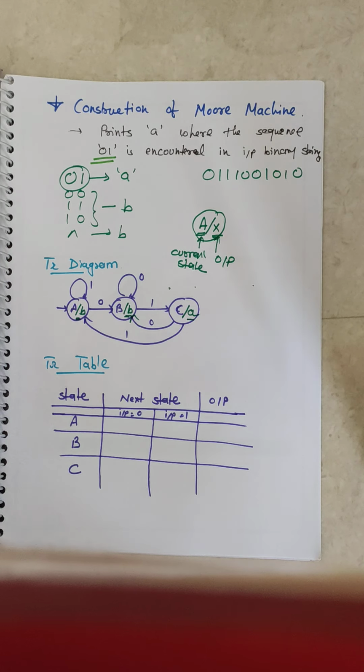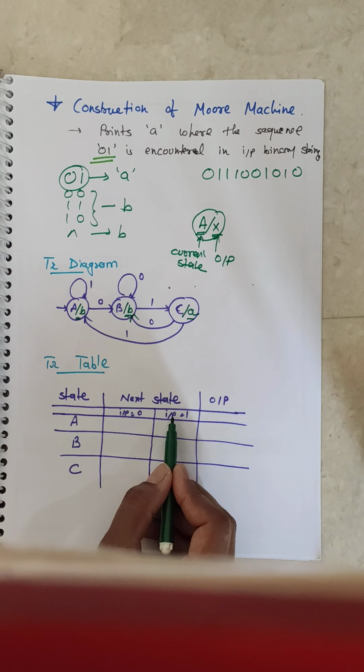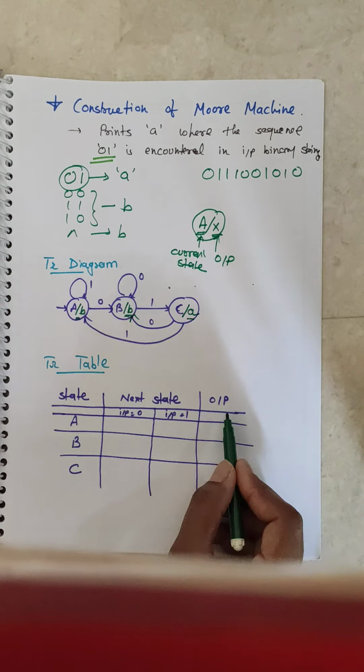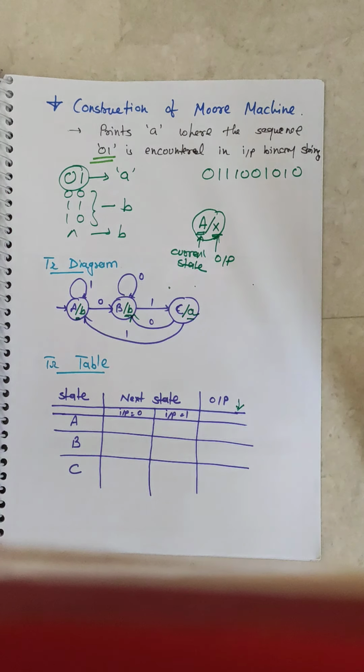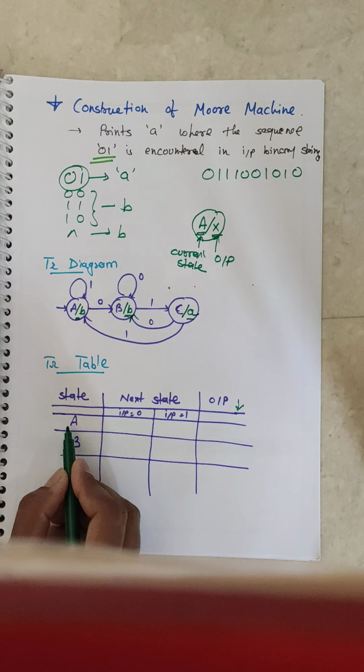Now we construct the transition table from the diagram. There are 3 states. What is the next state if the input is 0 and if the input is 1? The new thing, compared to the FA, is the output.